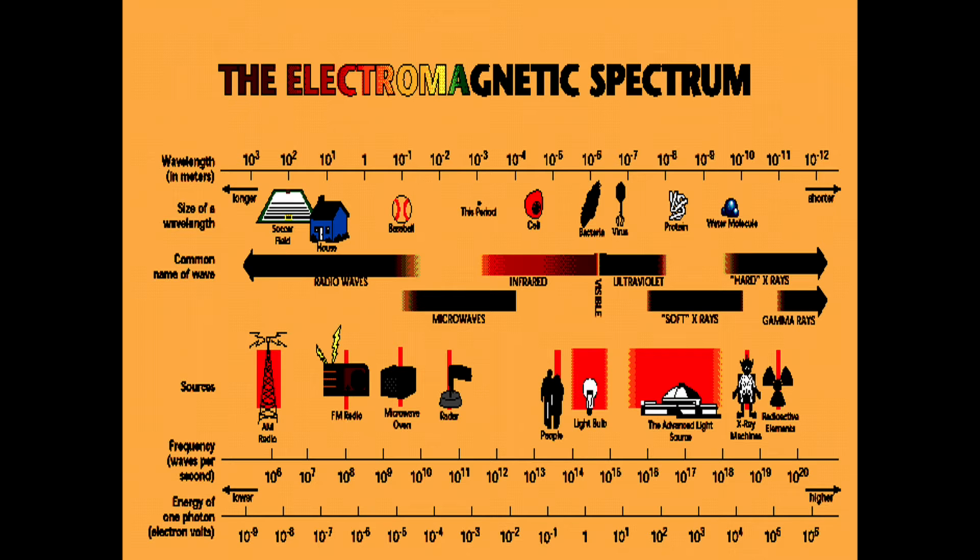Transitions in atoms produce visible light. Then there's the ultraviolet. Transitions in atoms also produce ultraviolet. Soft X-rays and hard X-rays can come from either transitions in atoms or the acceleration of charged particles. And gamma rays, which generally we denote as coming from nuclear decays.